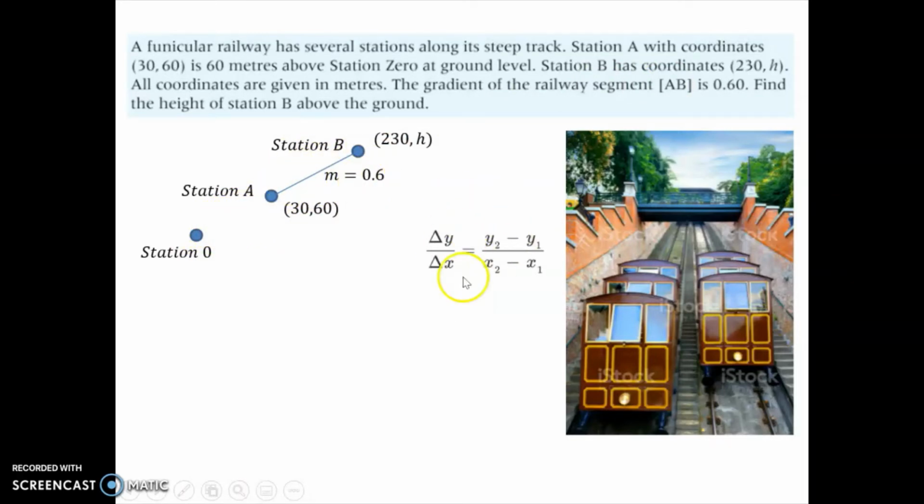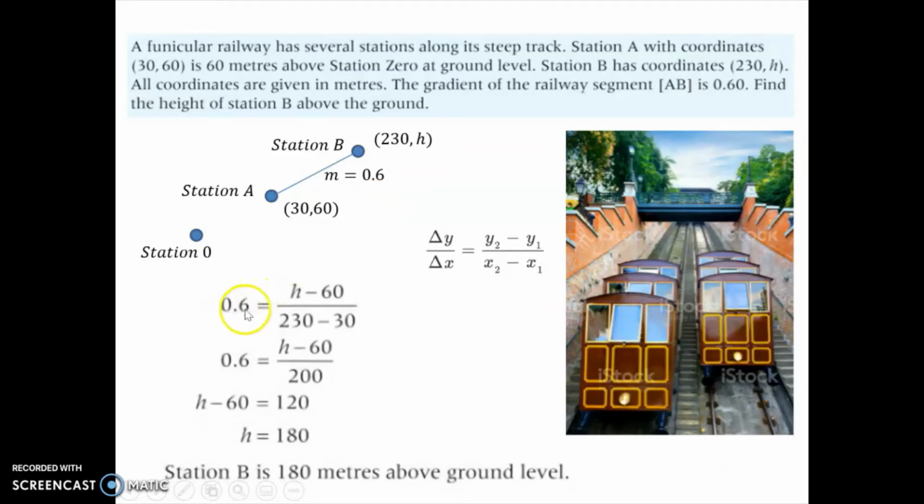So why don't we use the slope formula for these 2 coordinates? And that will allow you to solve for h. So try it. Put all these values into this formula and see what you get. Well, we say slope 0.6 equals, and then using the slope formula, y value minus y value, so h minus 60, and then x value minus x value, 230 minus 30.